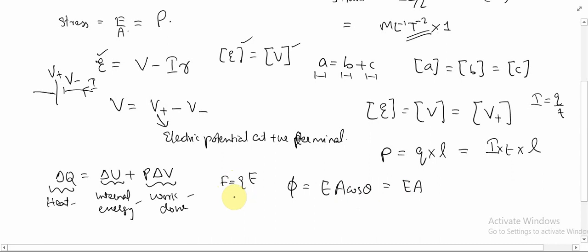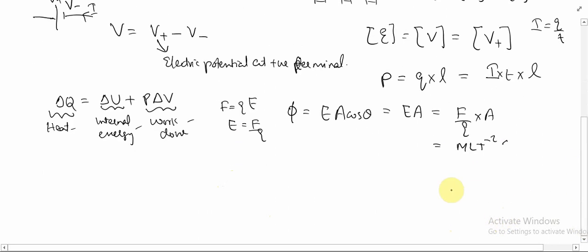Now E can be written as F divided by Q. So this will be F divided by Q into A. Now we know the dimension of F is M L T power minus 2, and Q is current into time, I into T, and into area. Area is L square. So this will be M, current is represented by ampere, so it will be A raised to minus 1 L cube T power minus 3.